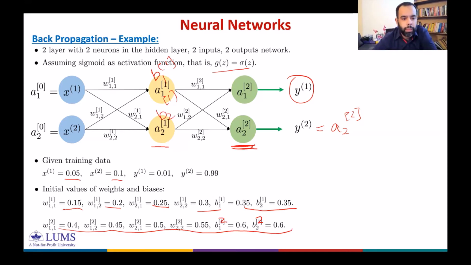Okay. So given these weights and given inputs, can we find the output? Obviously, yes. We can traverse the network, forward pass, to obtain the output. What are the equations? In fact, everything's written here.